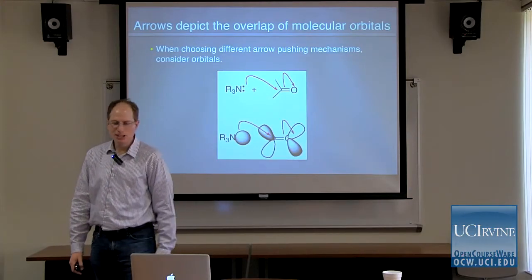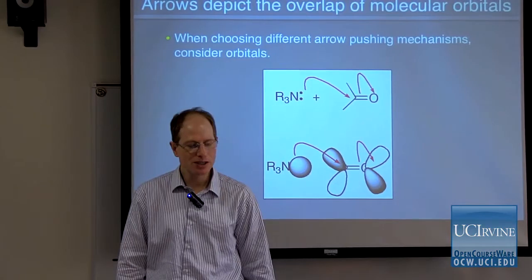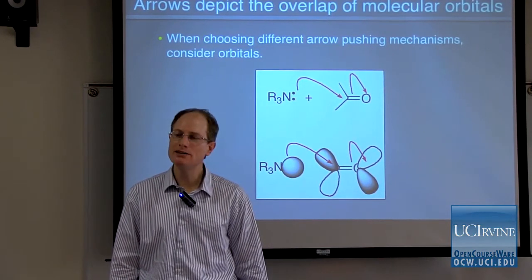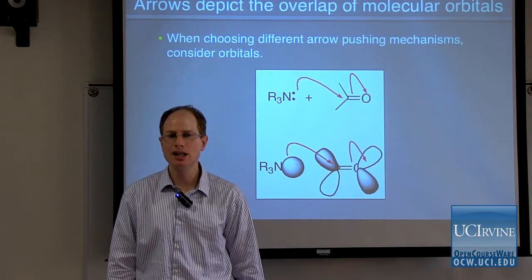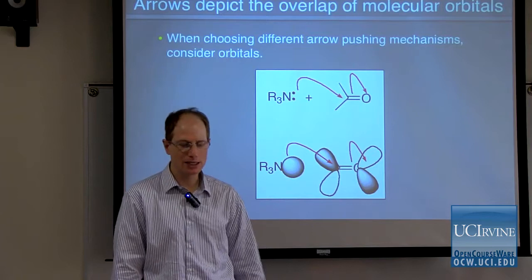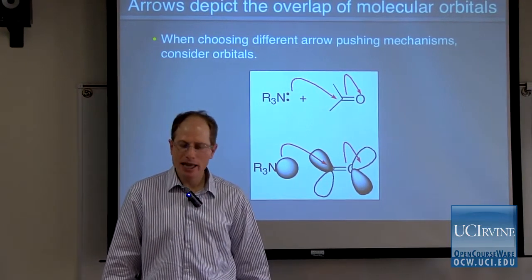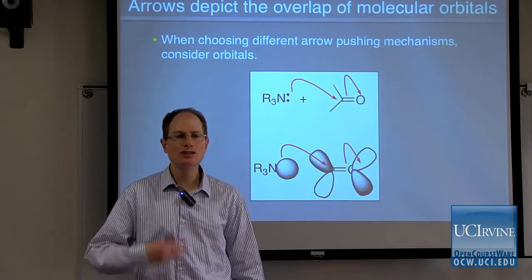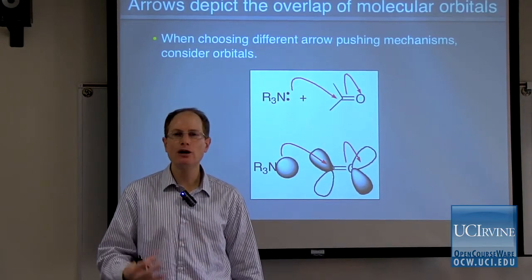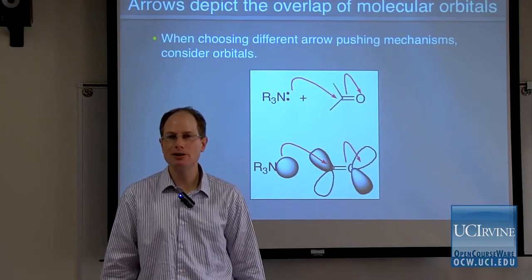Okay, so let's talk a little bit about those molecules found inside your cells. Our goal is to understand first the reactivity of those molecules, and then second, we'll talk about their non-covalent interactions. So covalent interactions, reactivity first. In organic chemistry, you learned the powerful language of arrows, which are a way of depicting the overlap of molecular orbitals.